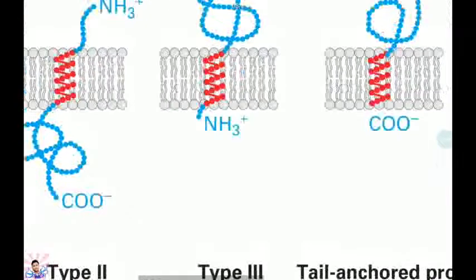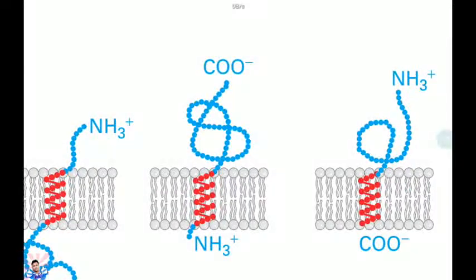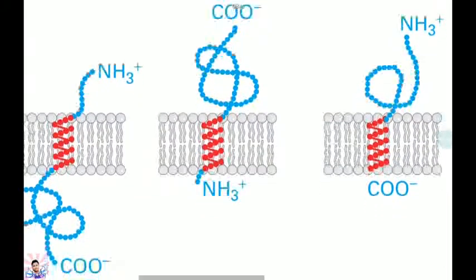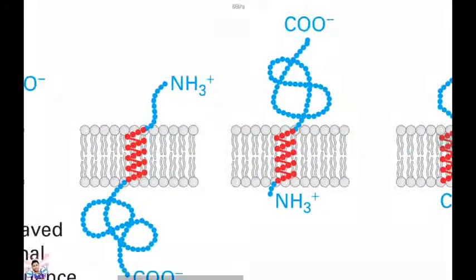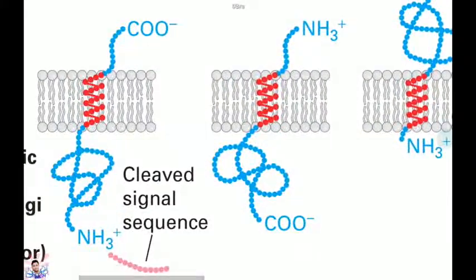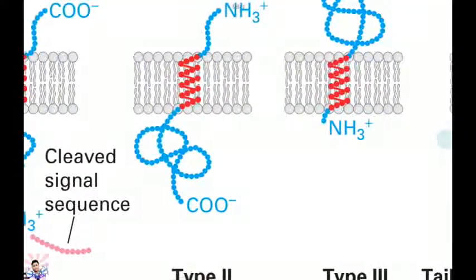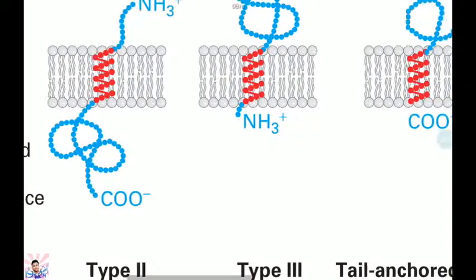In the case of type 3, as you can see here, the carboxyl terminal is towards the cytosol, and the N-terminal is towards the endoplasmic reticulum lumen. This is similar to type 1, but the distinct difference is that there is also no signal sequence to be clipped.